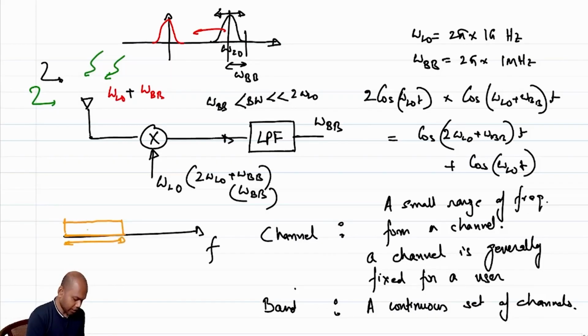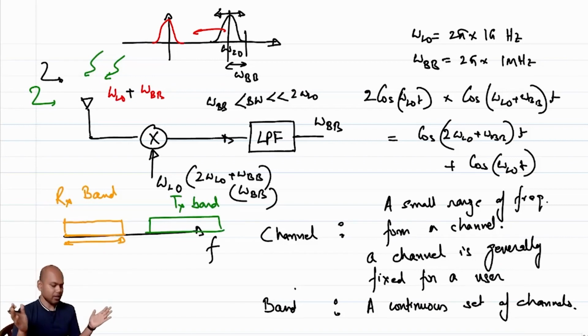Let's say I call this the receive band, RX stands for receiver, and TX stands for transmitter, so let's say I call this the transmitter band. So there will be a band dedicated for transmission and reception, but each of the transmission and reception bands is also divided into channels, right?